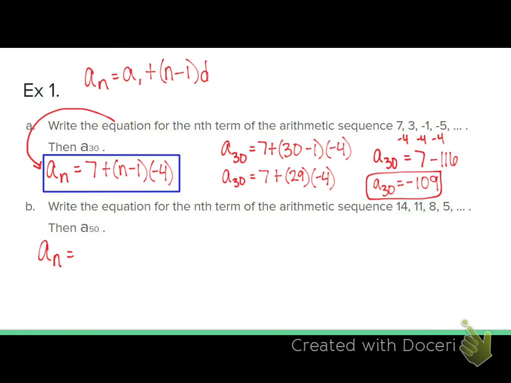What is it? 14. Plus, right now we're talking about generically, so we don't know our n, so we leave it as n minus 1. On the end, we want to multiply by our common difference, which in this case is negative 3.